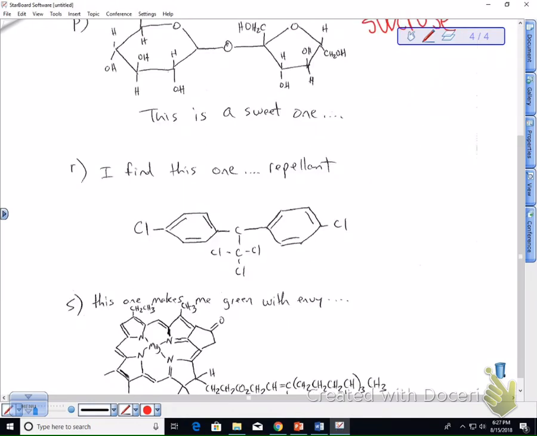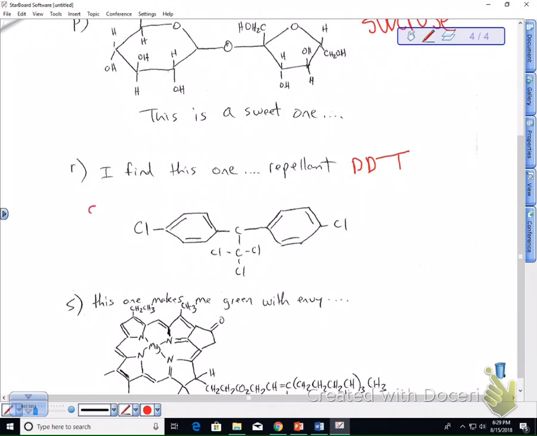All right, here's one molecule that you're probably going to find repellent. I see those benzene rings in there. I see some chloro-substituted methyl groups. So this is, what do you think? All right, did you get this one? It's called DDT, an old pesticide.